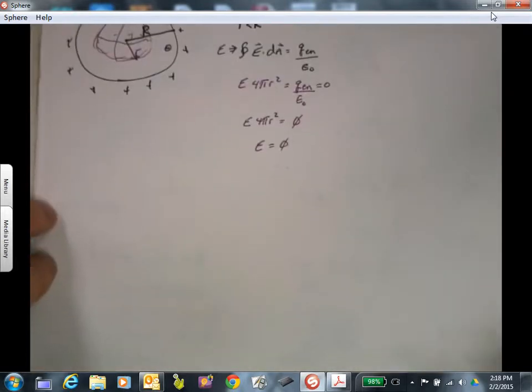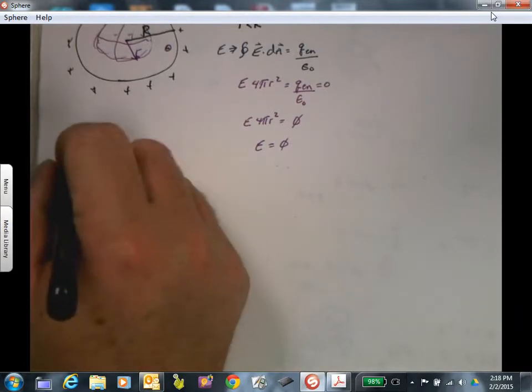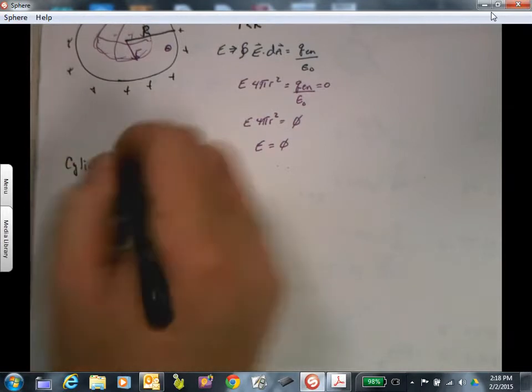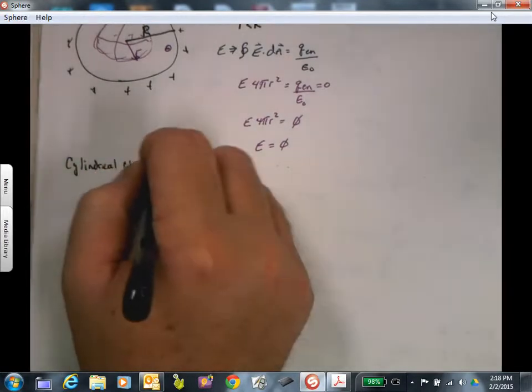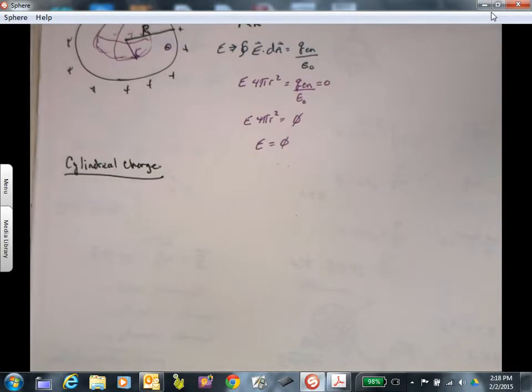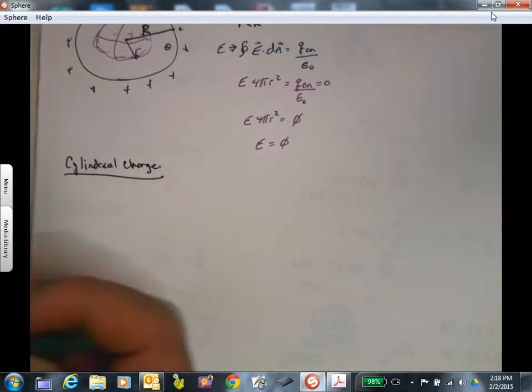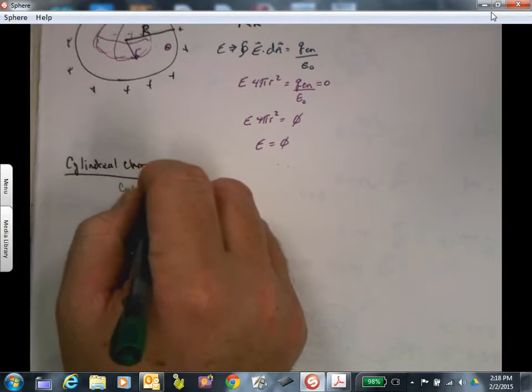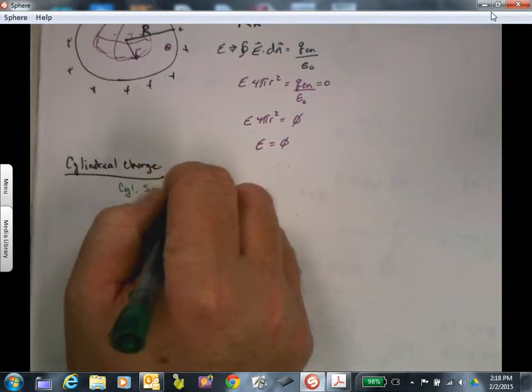The next one I want to go over is a cylindrical charge. Okay, so we have a cylindrical charge, or we're in particular talking about cylindrical symmetry, which is a difficult word for me to say. Cylindrical symmetry.